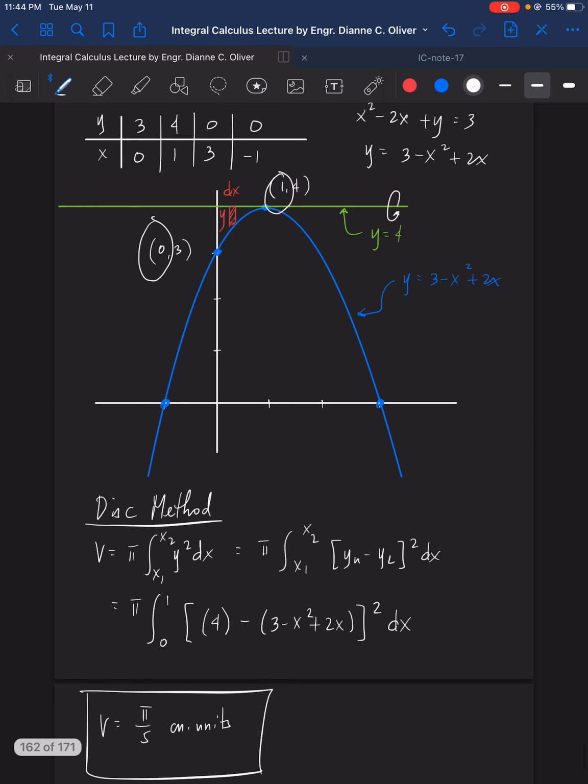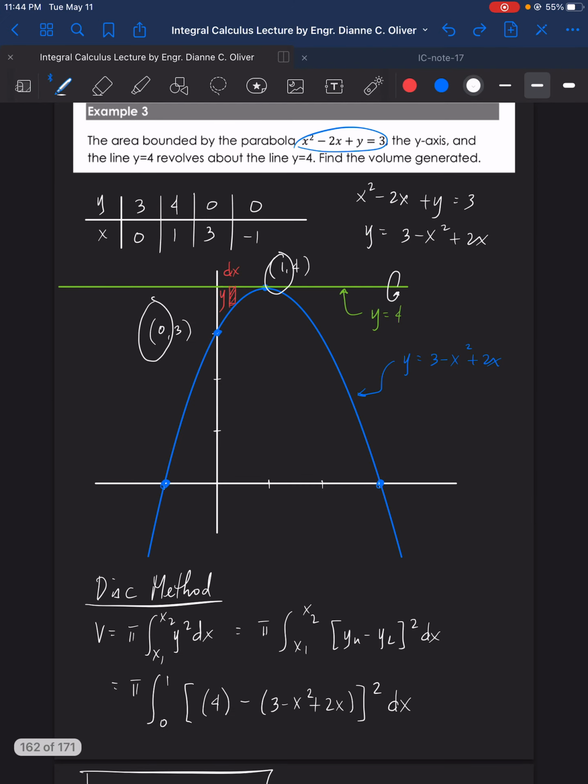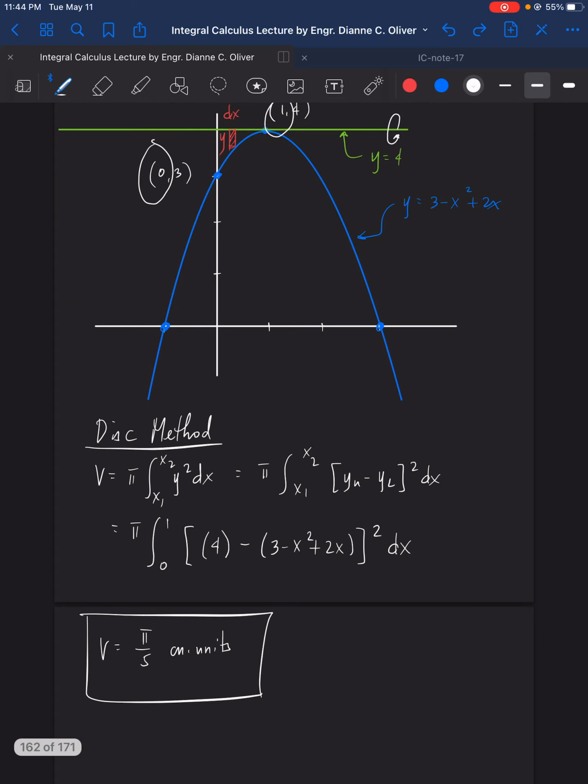Now we used the vertical area strip. How about if we are going to use the horizontal area strip? Then, what we are forming there will be the shell. Now, take note that if we use the shell, that is 2 pi xy dy. We're going to use the shell method, and then we need to convert or substitute x with y.